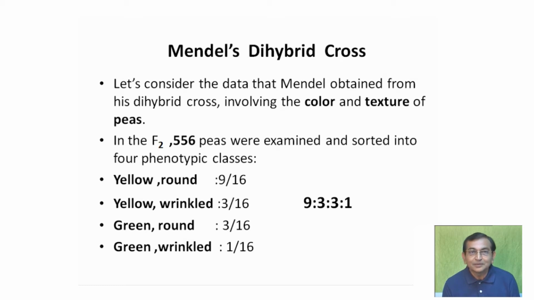In Mendel's dihybrid cross, he obtained four phenotypic classes, that is yellow round, yellow wrinkled, green round and green wrinkled, in a ratio of 9:3:3:1. So we have to see whether this ratio is acceptable or not by Chi-Square test.